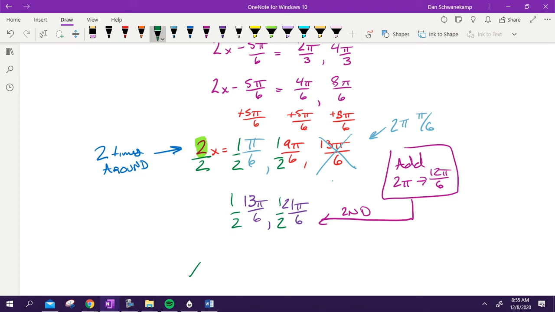So my answer is pi over 12. 9 pi over 12. Oh, that's 3 pi over 4. This one right here is 13 pi over 12. And then 21 pi over 12. Oh, I could reduce that to be 7 pi over 4. That is a complex question, okay?